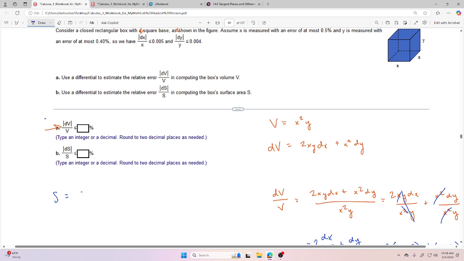Again, be careful. Plus x. 2x squared. The top and the bottom. Yes, very good. Yeah, 4 sides and top and bottom.